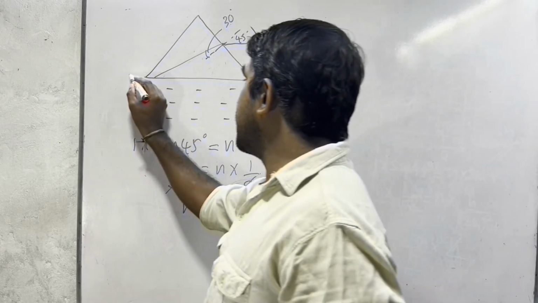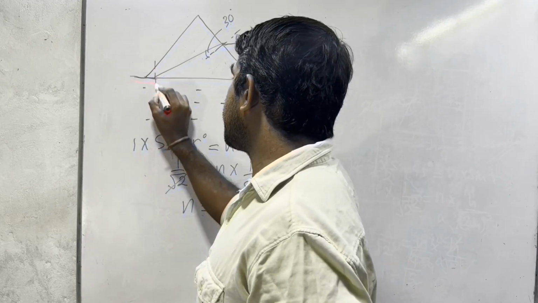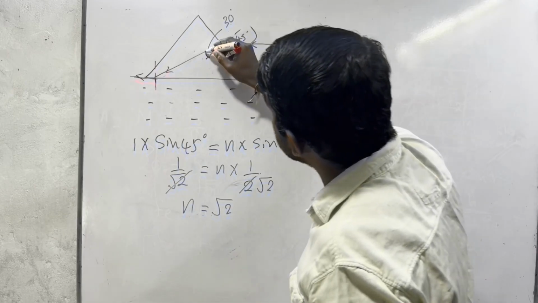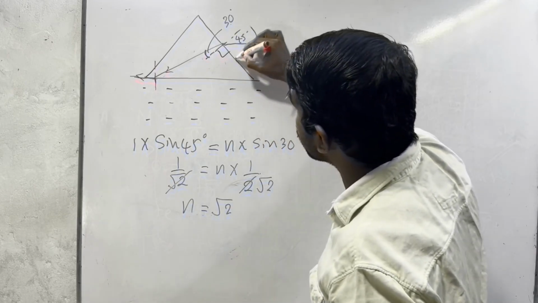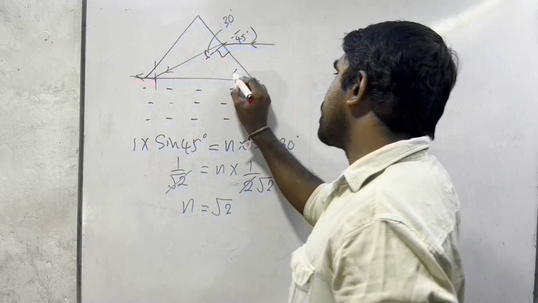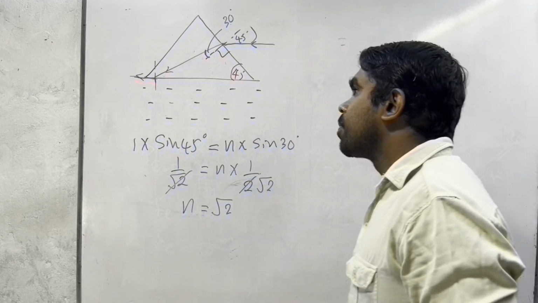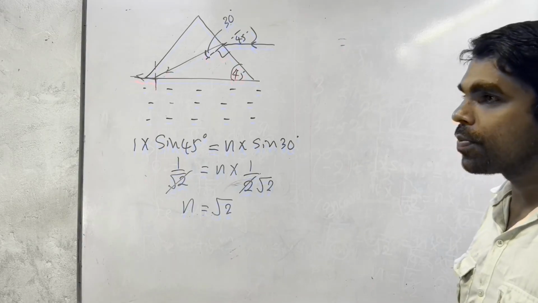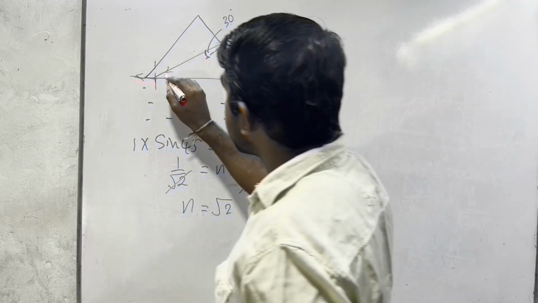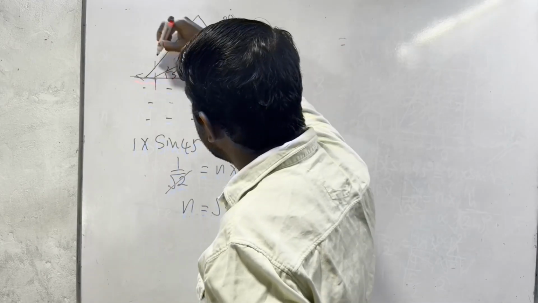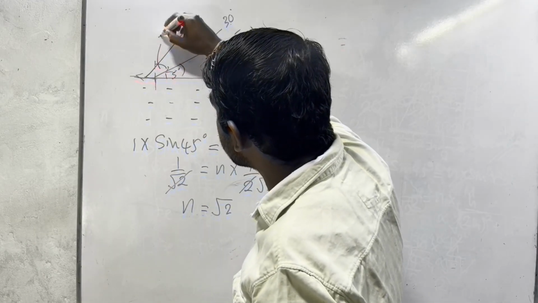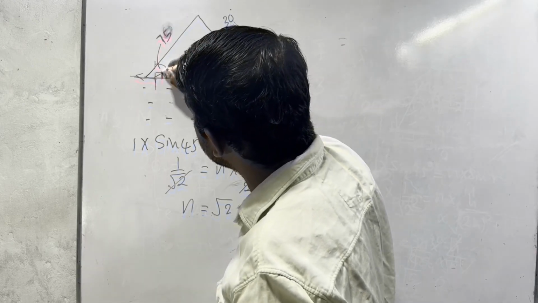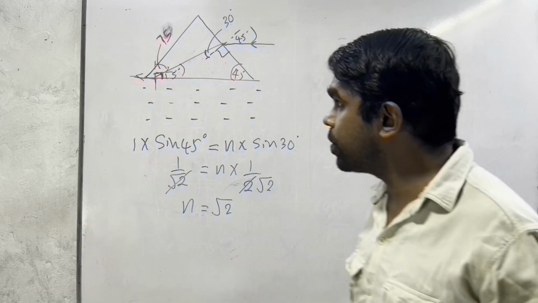Then we can consider the refraction at this point. This angle is 30, this one is 90. It means this total angle is 120. This one is 45. 120 plus 45 is 165. This angle should be 15. And therefore, this angle should be 75, because this total angle is 90 degrees.